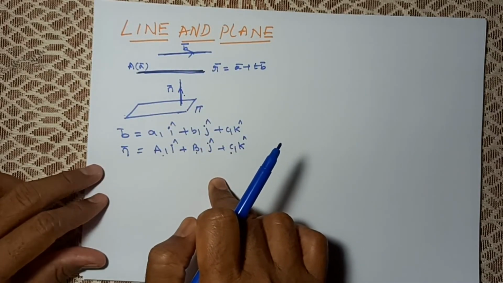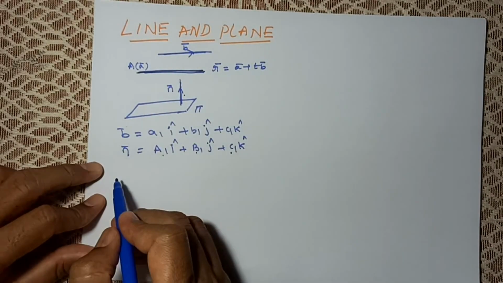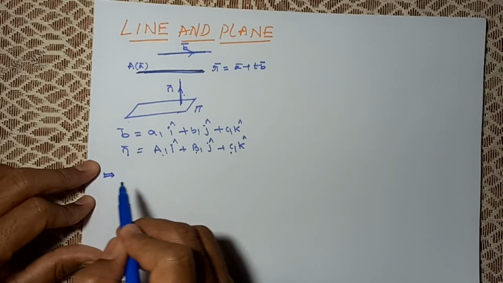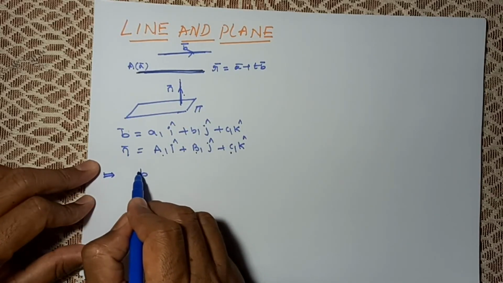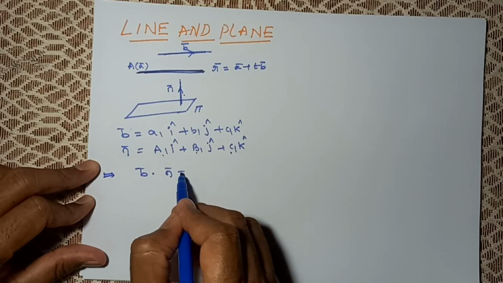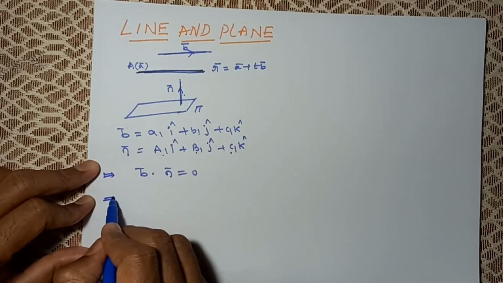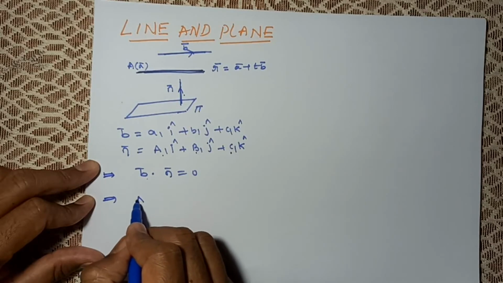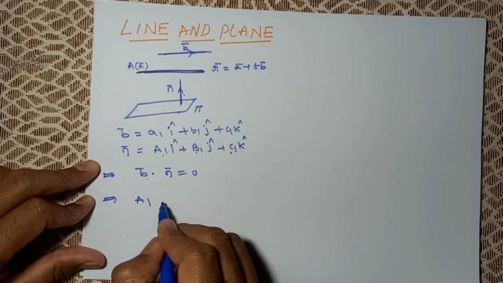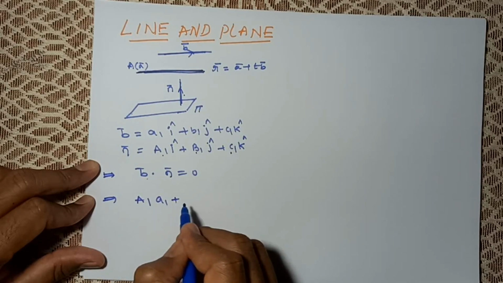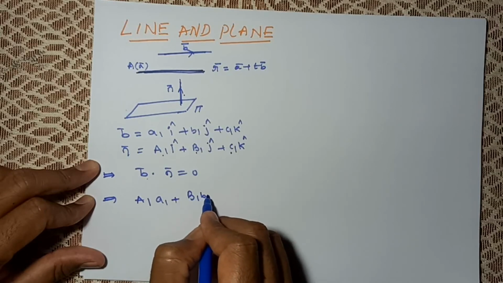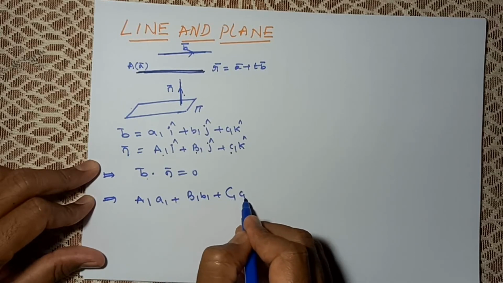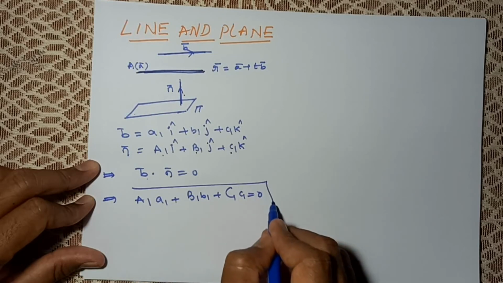So these two are perpendicular, meaning their dot product is 0, B dot n is equal to 0. If you apply the dot product between these two vectors, we get the condition: capital A1 small a1 plus capital B1 small b1 plus capital C1 small c1 is equal to 0.